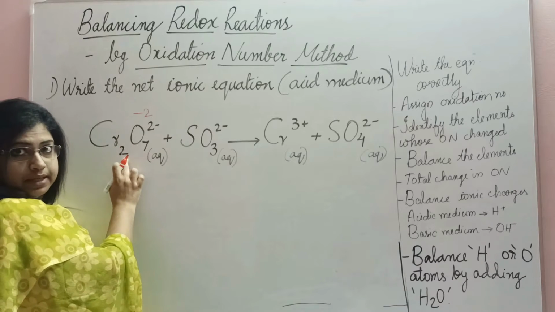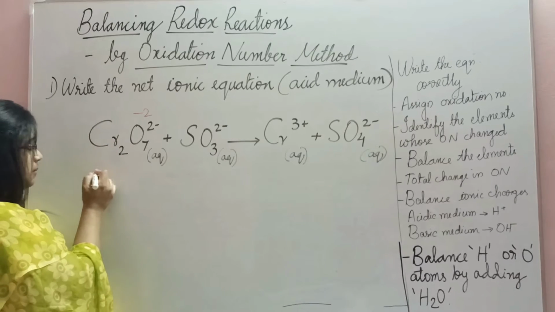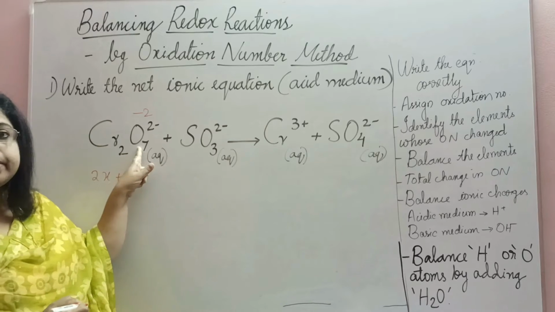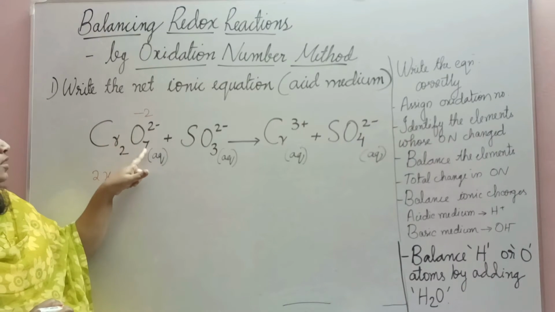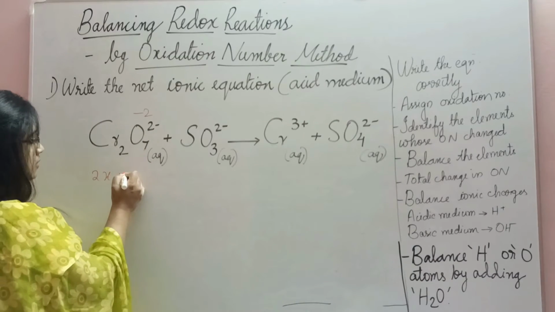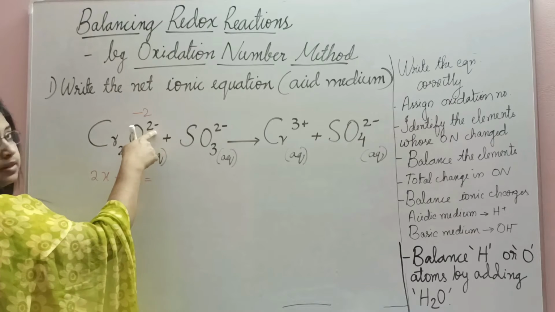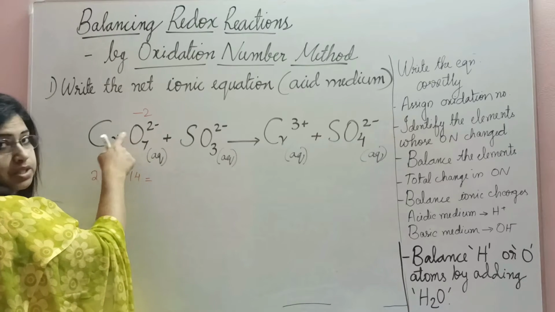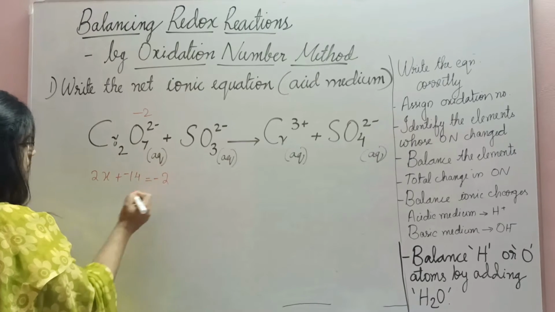The total for chromium will be 2x, plus there are 7 oxygen atoms with oxidation number -2, so 7 times -2 is -14. This is equal to the charge, that is -2.